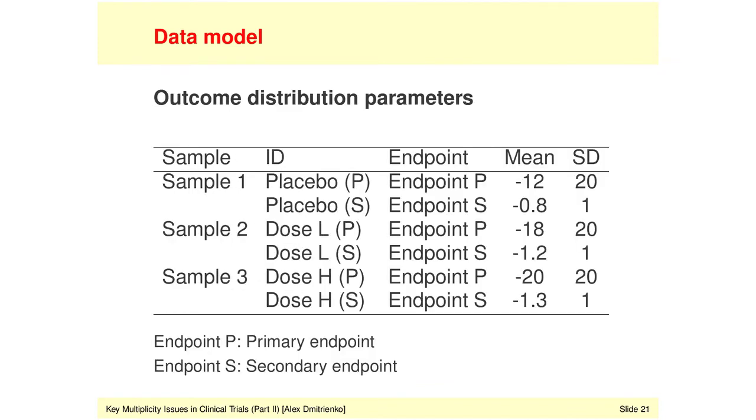This slide defines the key parameters of the outcome distribution, specifically of a bivariate normal distribution for the 2 endpoints of interest. Within each sample, we need to specify the marginal parameters of the distribution of the primary endpoint, which is endpoint P, and endpoint S, which is the secondary endpoint.